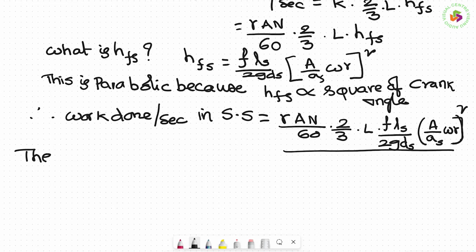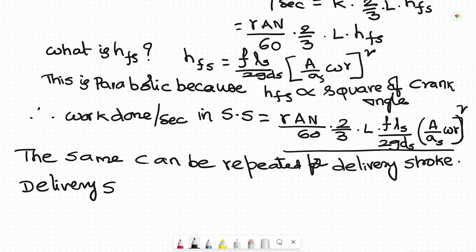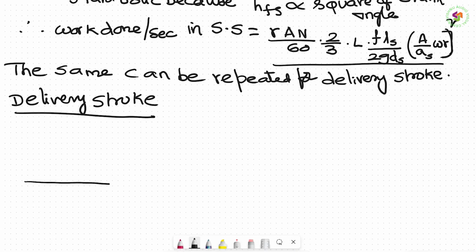The same can be repeated for the delivery stroke. If I take the delivery stroke, this is how it is. Theta is equal to 0 degrees, theta is equal to 90, theta is equal to 180.